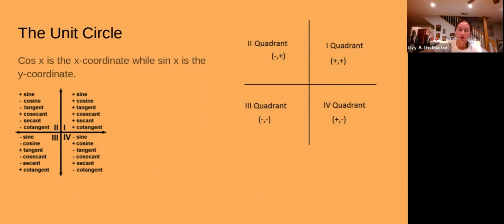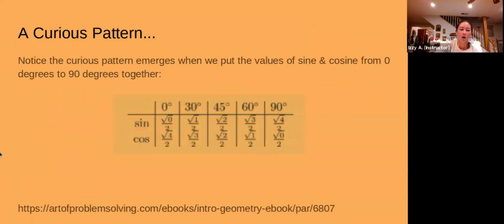Okay, I will go ahead and go to the next slide, which talks about a curious pattern. Notice the curious pattern emerges when we put the values of sine and cosine from 0 degrees to 90 degrees together. You can see that under the square root, the number is increasing by 1 for sine, and for cosine, the number under the square root is decreasing by 1.